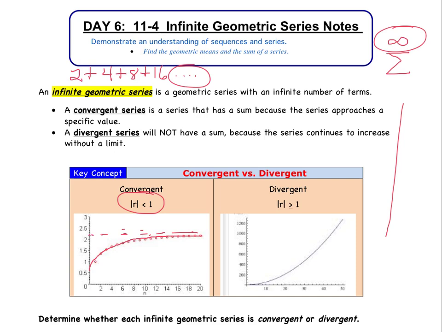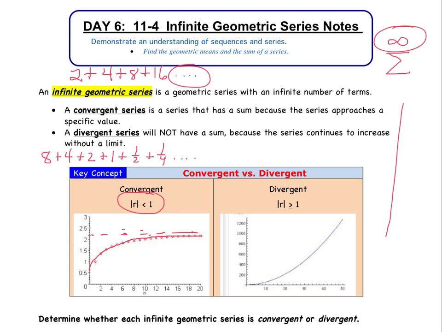So a common example, if I were to take, say, 8 plus 4 plus 2 plus 1 plus 1/2 plus 1/4, dot dot dot, your R value here is 1/2.